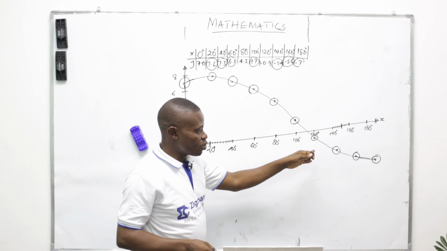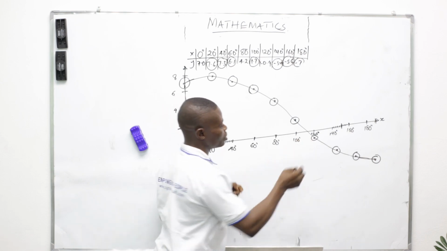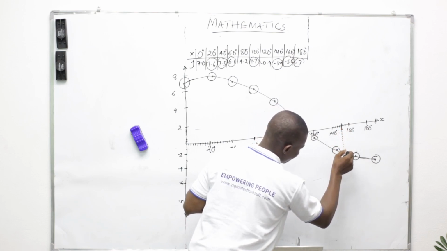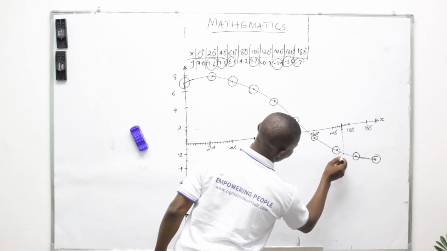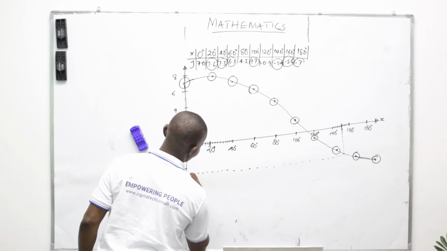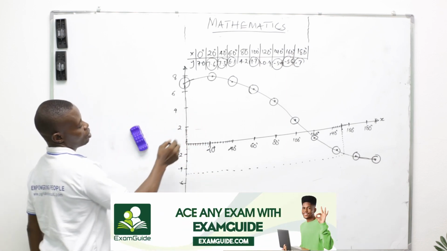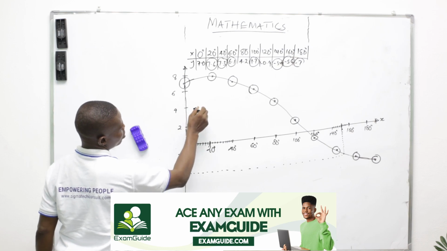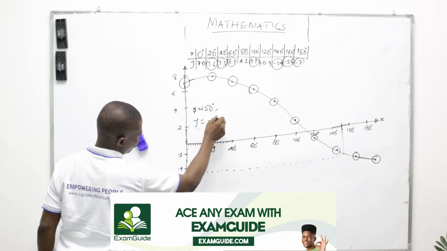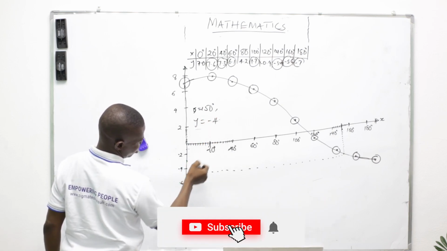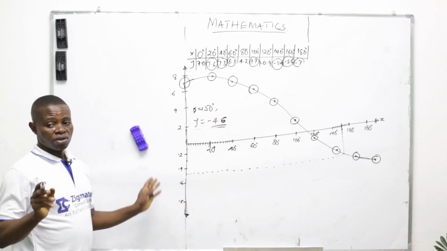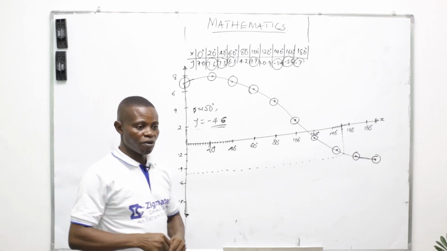Our interest is to get the value of what? Y. See it. Trace down 150 to touch the y-axis. Can you see? When you do, trace it back to know the value. Meaning, when x equals 150 degree, y equals what? Minus 4.6. So I've answered that question, minus 4.6.